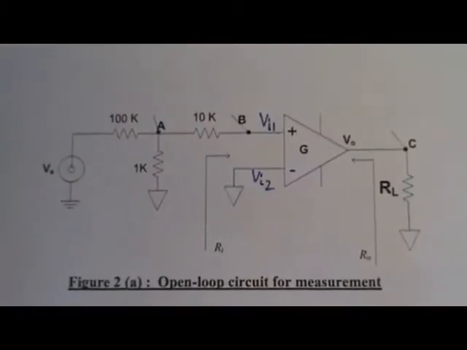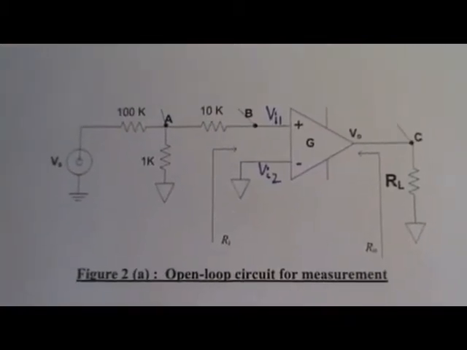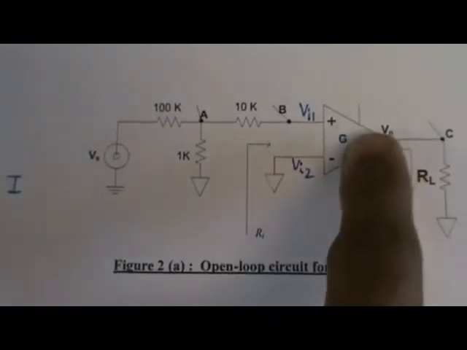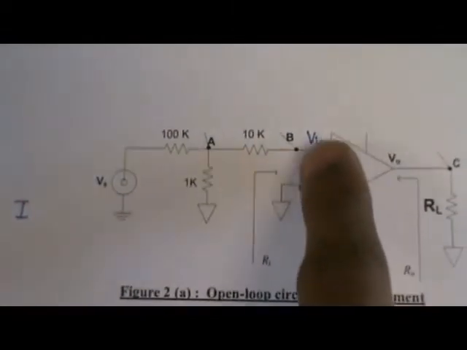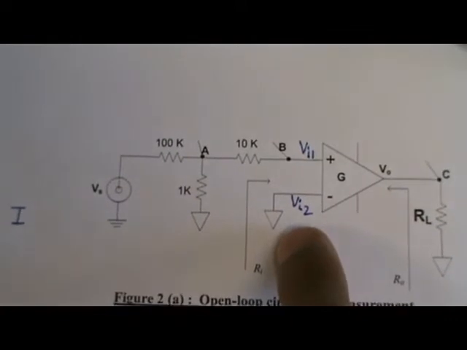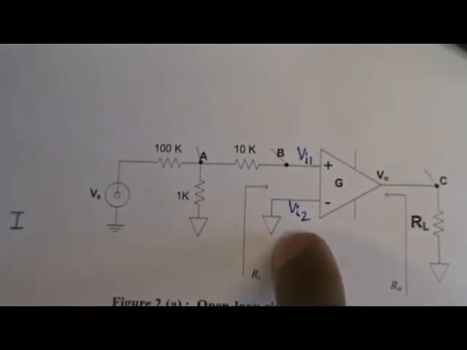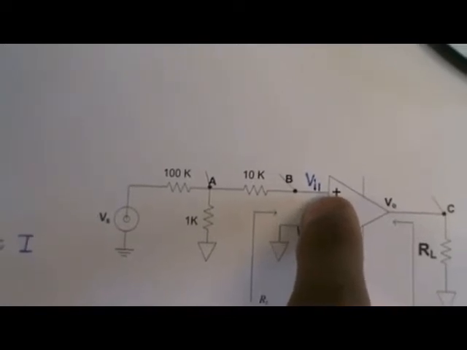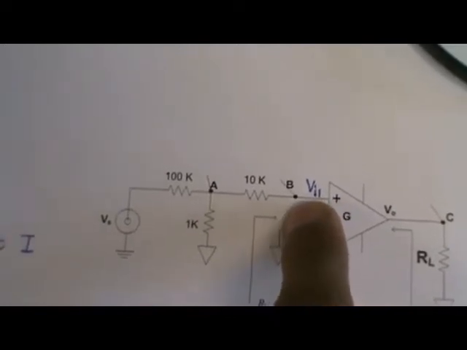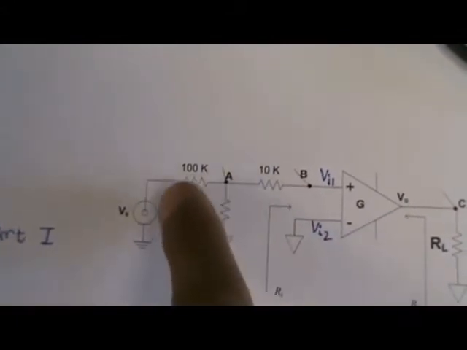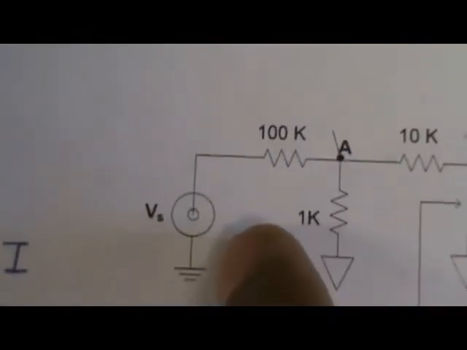In part 1, we are supposed to build the circuit given in figure 2a. Here the same two op-amp based circuit has two inputs Vi1, Vi2. Vi2 we can connect to the ground to get the amplifier effect as an open loop, and input is given to the positive terminal at Vi1. That we can give the symbolic representation B, and these are the resistor divider circuit, and Vs is the source of input signal.